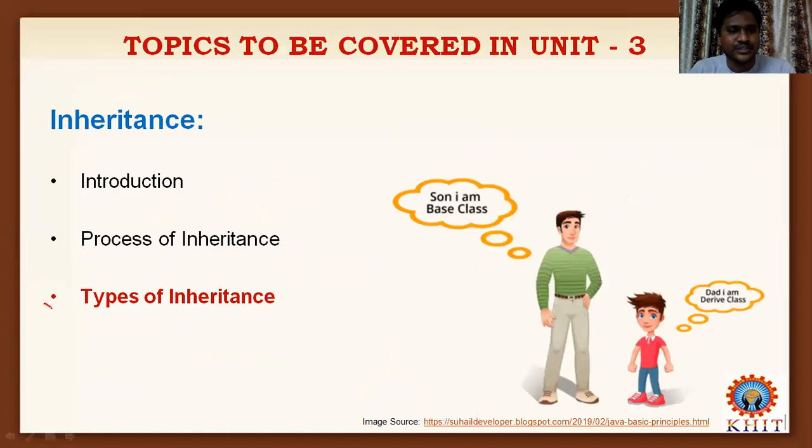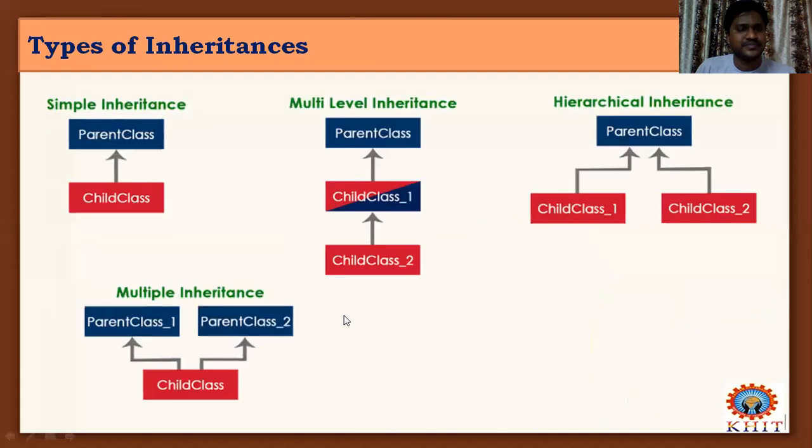And next, coming to the different types of inheritance that are possible in the Java language. These are the different types of inheritance we can implement. The first one is simple inheritance, or single inheritance.